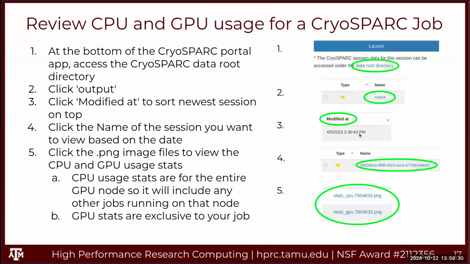Put the newest time at the top. And then you can click the session ID and you'll be able to click on these images and see the images. These actually get generated while you're running. So these images get updated every 2 minutes. So you can check if you want to see the usage stats while your job is running.